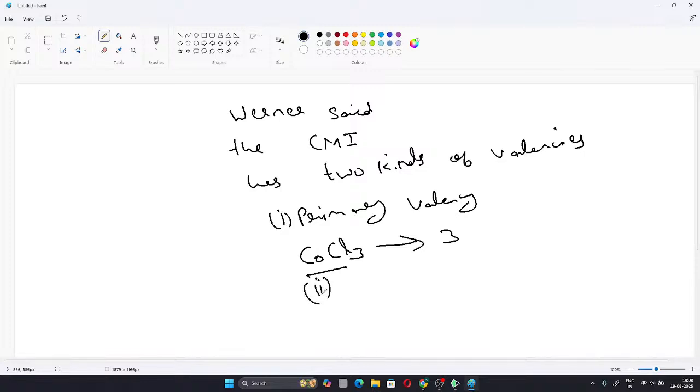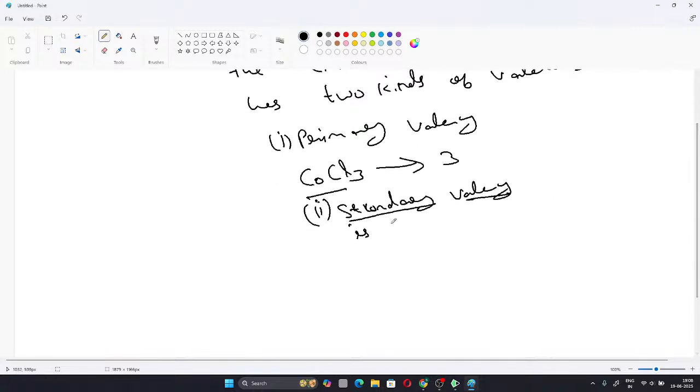And the secondary valency is equal to the number of ligands the central metal ion is bonded to.